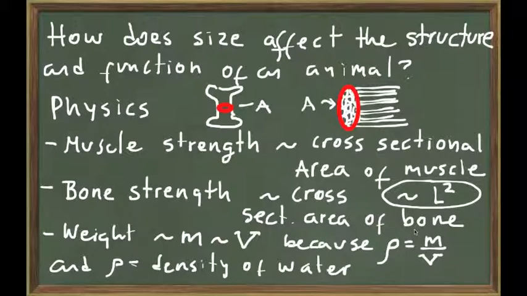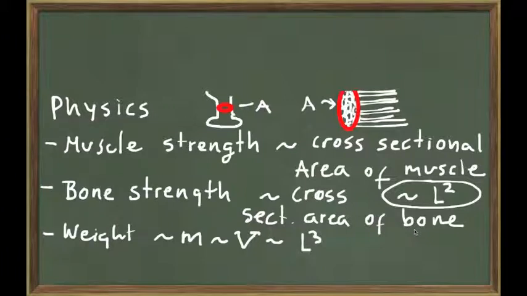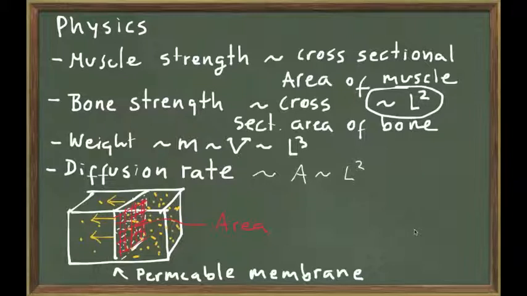And the density of animals is very close to being the density of water. It's not exactly, but it's pretty close. So that tells you that the weight should scale like the volume. And with volume, we're talking about familiar stuff. Volume is a quantity that scales like the third power of the linear dimension. So that means that the weight of an animal should scale like the third power of the linear dimension.